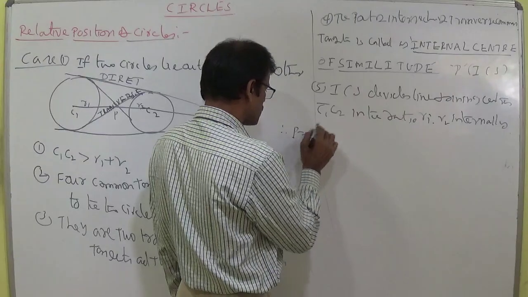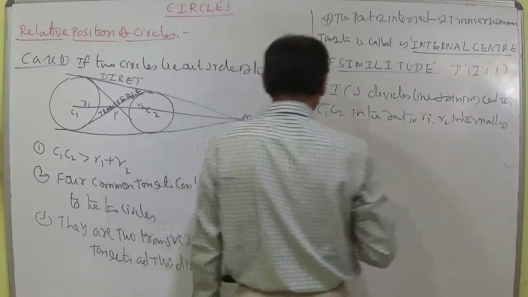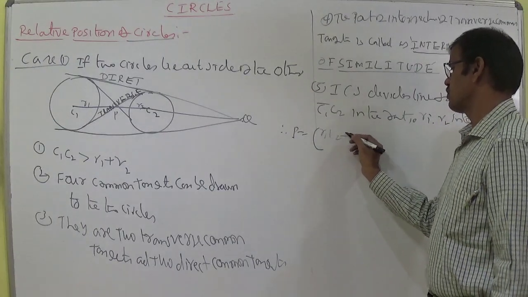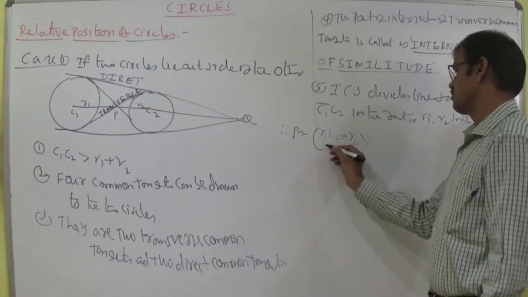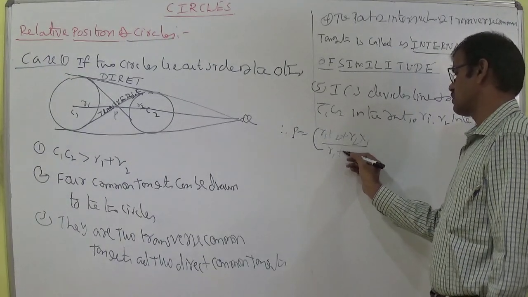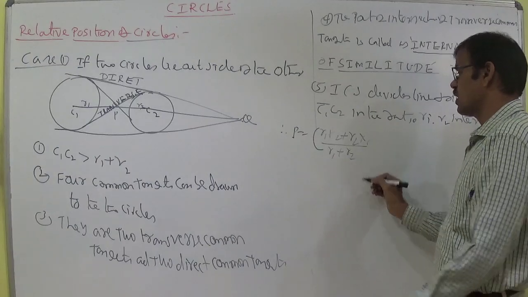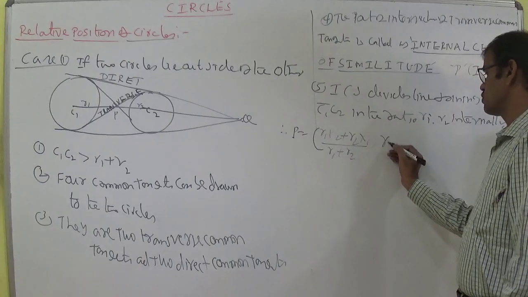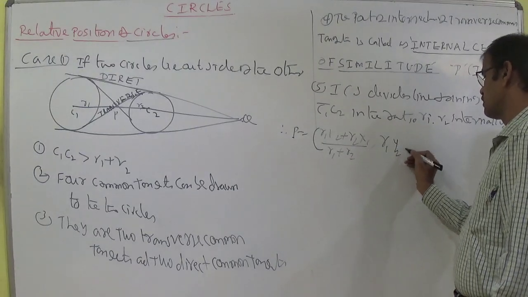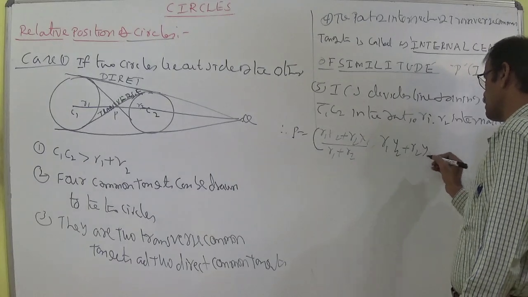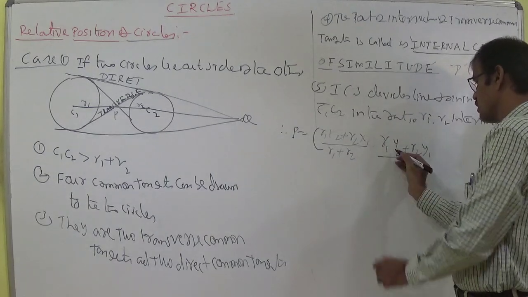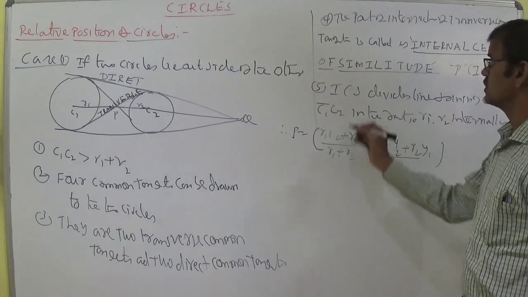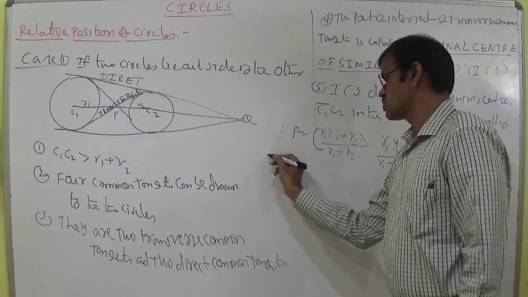Therefore, you write here P is equal to the internal ratio formula, R1x2 plus R2x1 by R1 plus R2. The formula is M1x2 plus M2x1, otherwise Mx2 plus Nx1 model. Next you write R1y2 plus R2y1 by R1 plus R2. This is the fifth point.